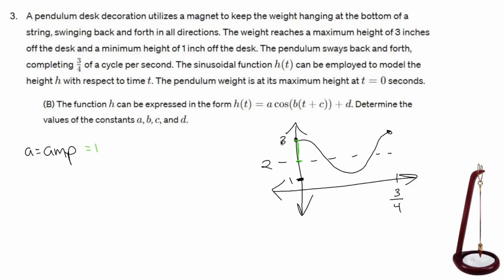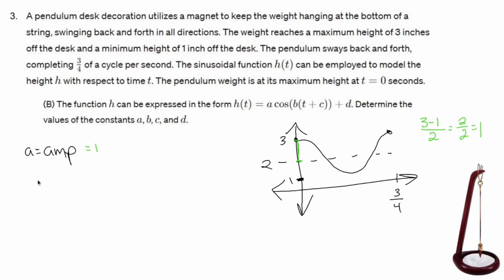If the numbers weren't pretty, you would do 3 minus 1, the maximum minus the minimum, divide that by 2, and you would get 1 anyway. If it's not simple enough, maximum minus minimum, divide by 2, there you have it.